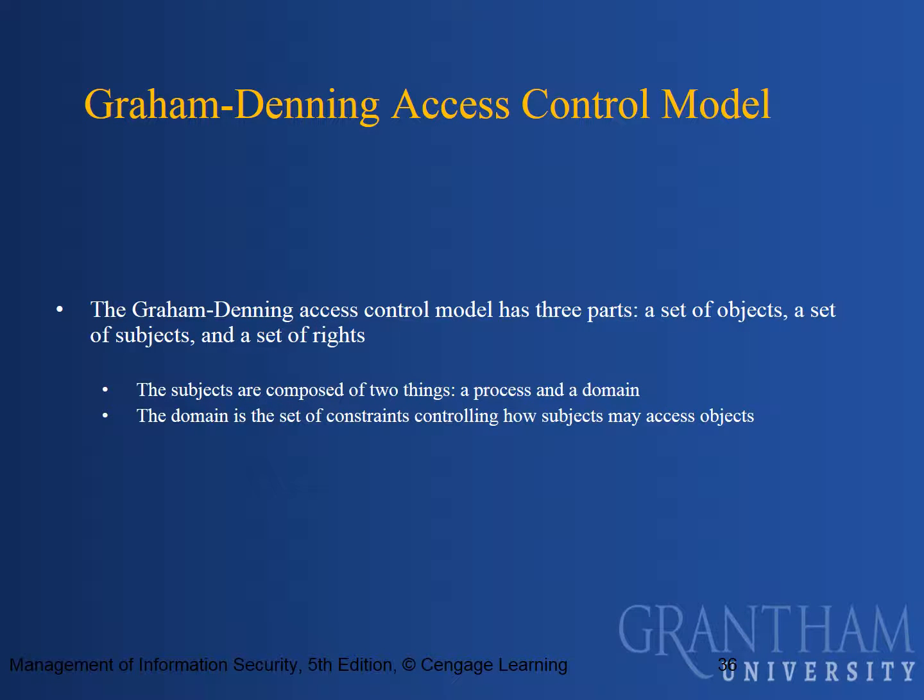Graham-Denning access control model has 8 protection rights: create object, create subject, delete object, delete subject, read access right, grant access right, delete access right, and transfer access right.